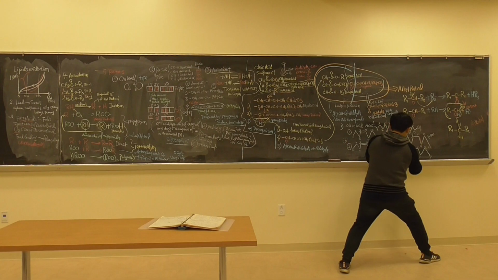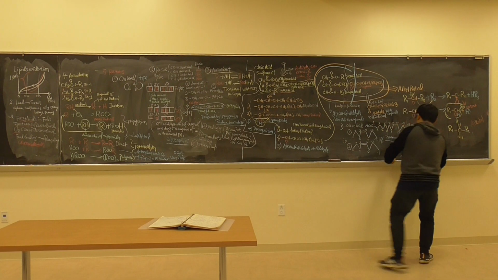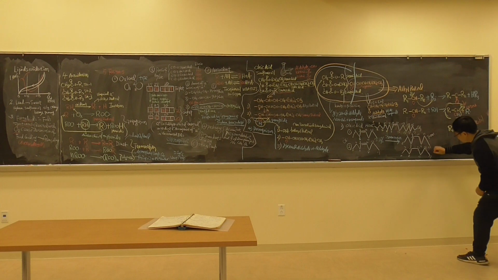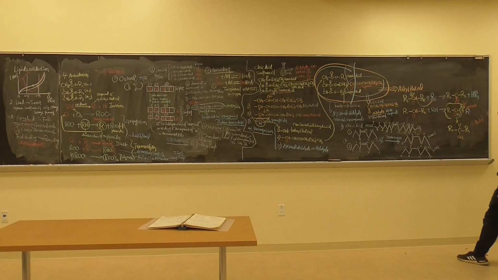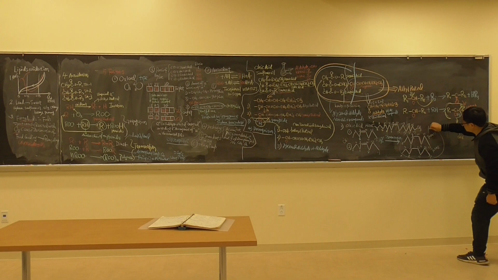So if I have, it will be like this. That's another trans. That's trans 1, that's trans 2. How many things will happen? What percentage do these two reactions have? Almost 90%.